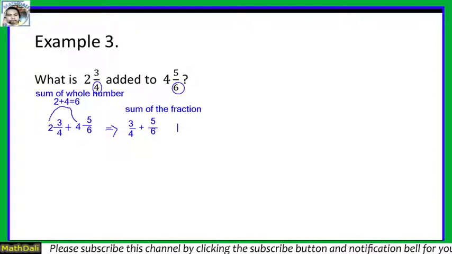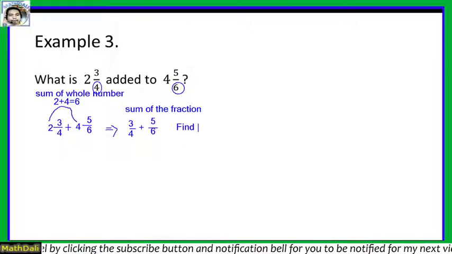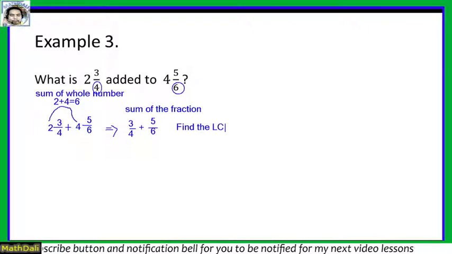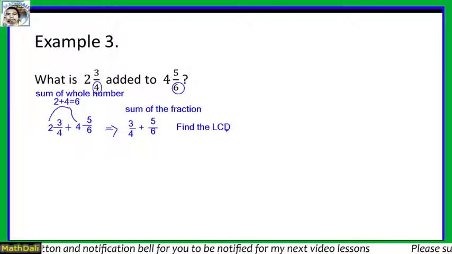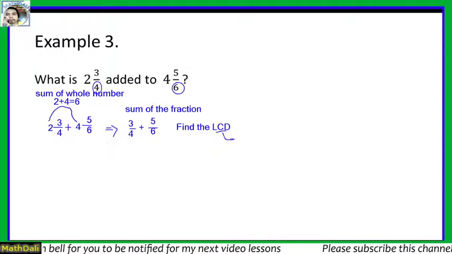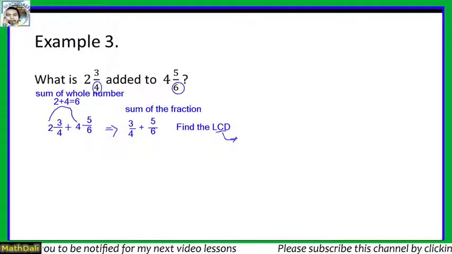Okay, so since nag-add tayo ng fraction na magkaiba yung ating denominator, or that is dissimilar fraction. So find the LCD. Okay, so madali lang naman mahanap yung LCD. Ang kailangan lang ninyong gawin is to look for the LCM of the denominator. Yan.